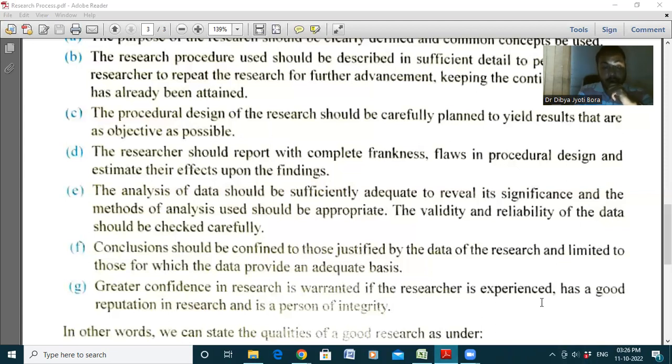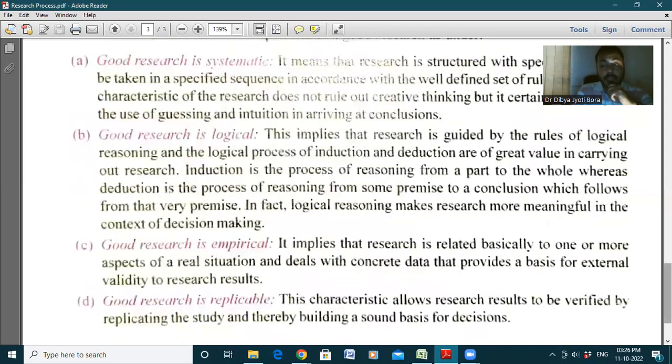Good. Now, if we try to summarize the points I have just explained, good research should be systematic, good research is logical, good research is empirical, and good research is replicable. The words are systematic, logical, empirical, and replicable.